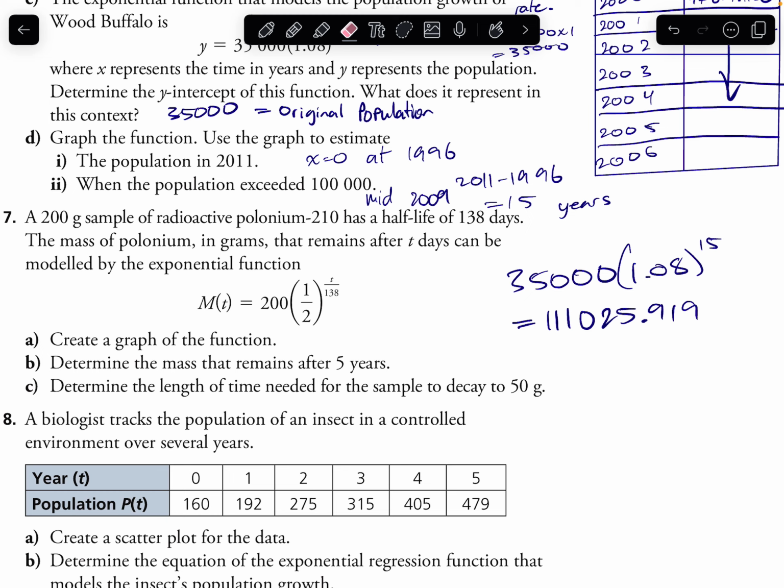Okay, a 200 gram sample of radioactive polonium-210 has a half-life of 138 days. The mass of polonium in grams that remains after T days can be modeled by the exponential function.